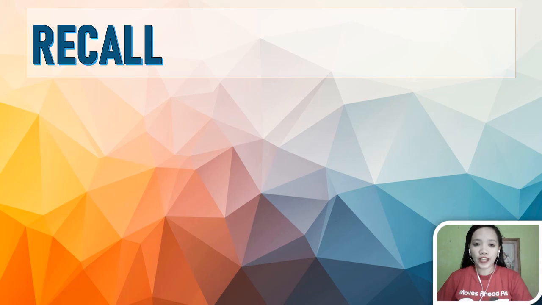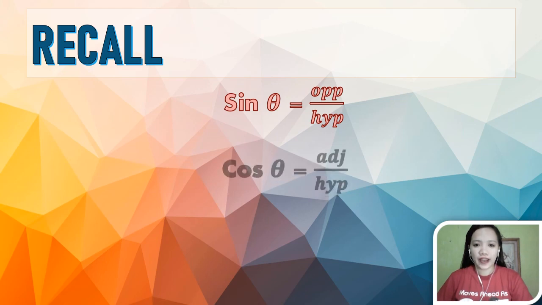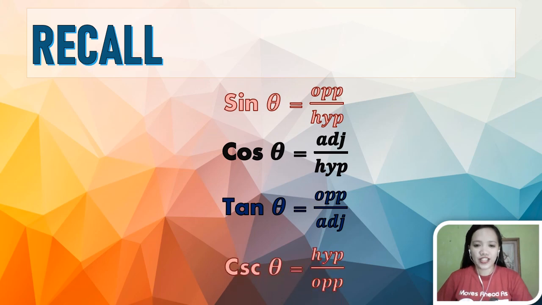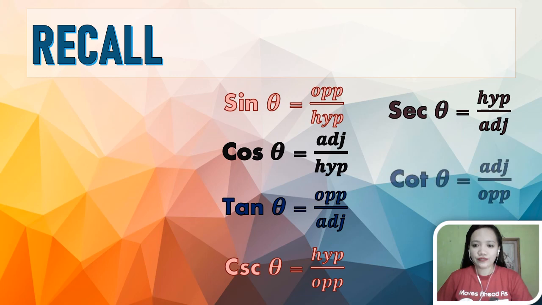We have our formulas for the 6 trigonometric ratios, starting from sin theta equals opposite divided by hypotenuse, cosine theta equals adjacent divided by hypotenuse, tangent theta equals opposite divided by adjacent, cosecant theta equals hypotenuse divided by opposite, secant theta equals hypotenuse divided by adjacent, and lastly we have cotangent theta equals adjacent divided by opposite.